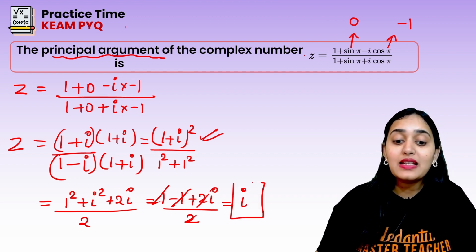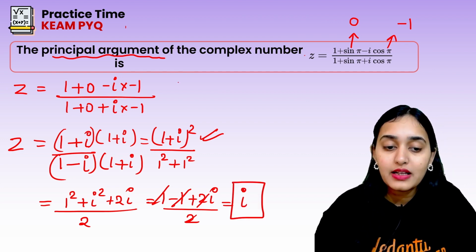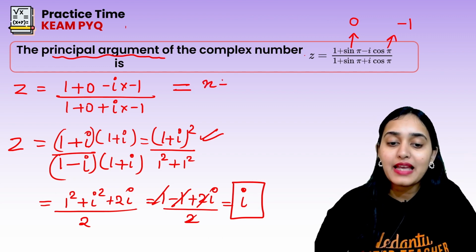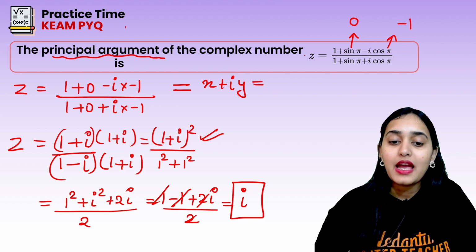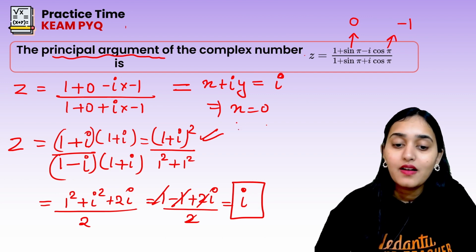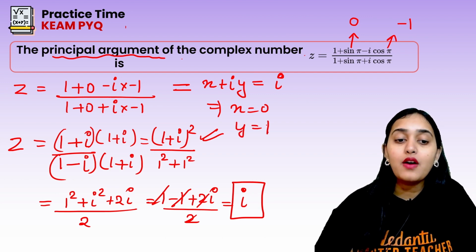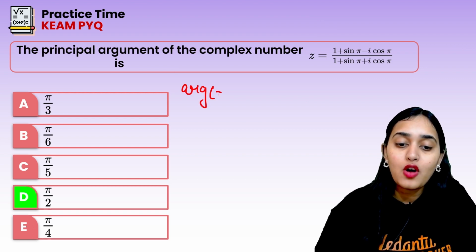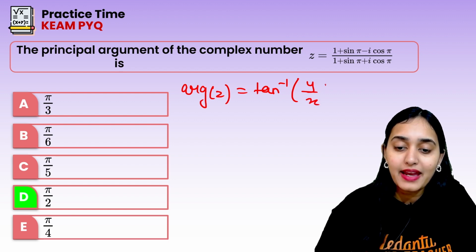So I means what? Now suppose your complex number is x plus iy, and x plus iy is equal to I. So this implies that x is 0 and y is 1. Now you want the argument of the complex number. Argument of a complex number is tan inverse of y by x.